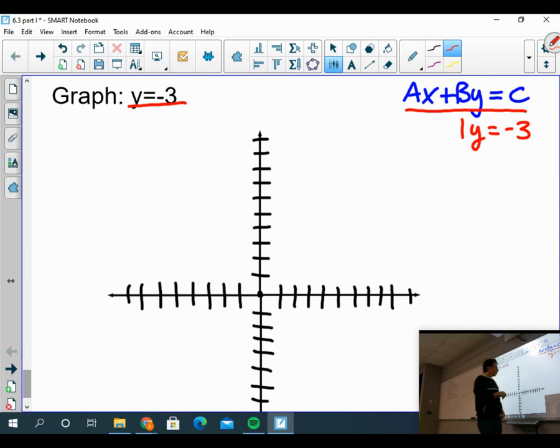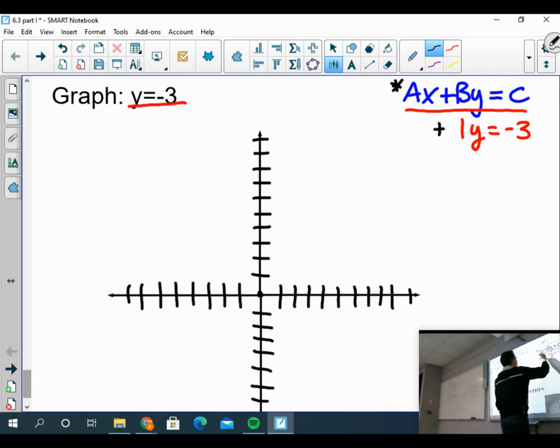But what I seem to be missing is this a times x. Well, if it's not written there, then we can presume it's 0. Specifically, what we don't see written here, because we don't write 0, is that your a value is 0.